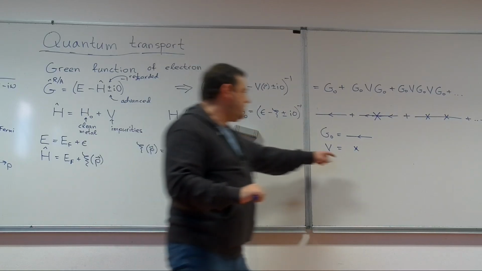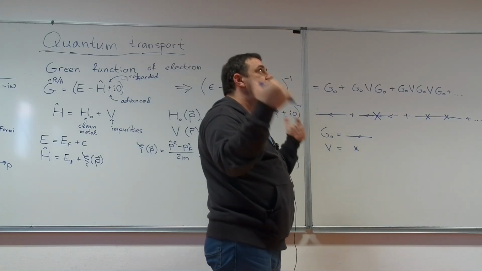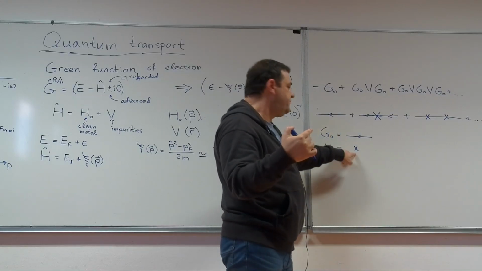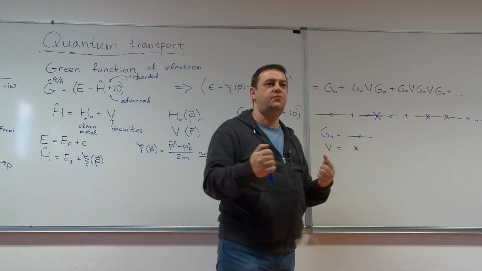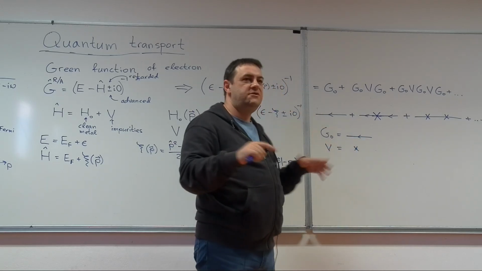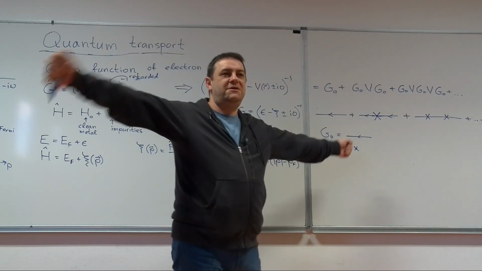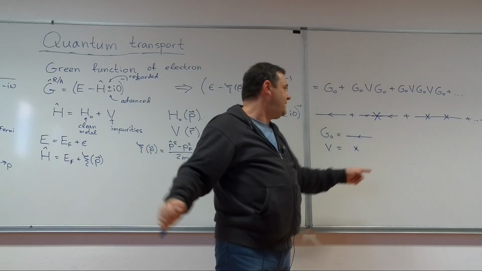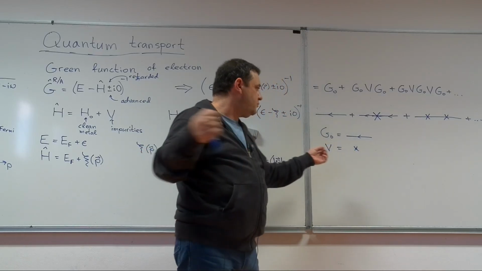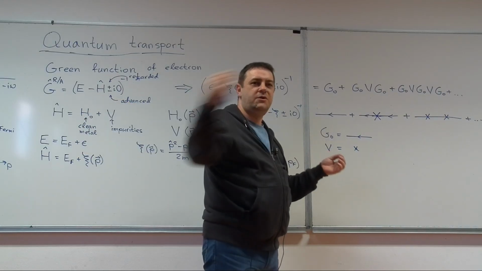In some sense, if we do everything in real space representation, V is a function of R, it's diagonal in real space, so in real space it's a single point. And G is not diagonal in real space, so it has some extent, going from one point to a different point. This is actually an electron propagator, showing how an electron propagates from one point to another.